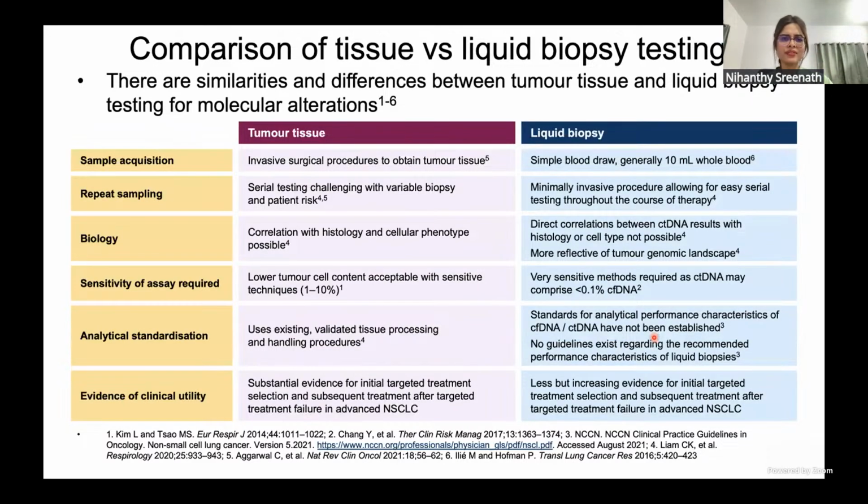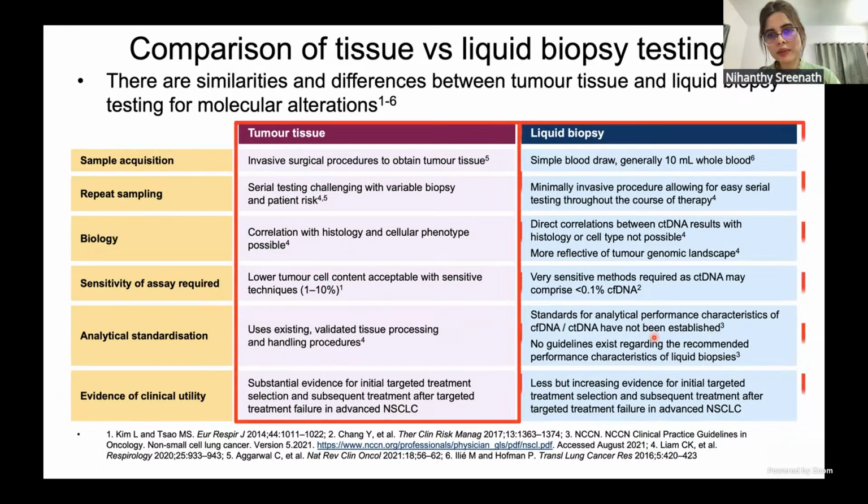So this is a brief slide explaining the difference between tumor tissue and liquid biopsy. Tumor tissue is still the gold standard, but it is an invasive procedure, and it depends on the person doing it, a qualified interventional radiologist. It depends upon sensitivity, and there is substantial evidence for targeting.